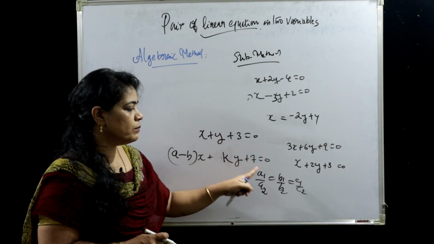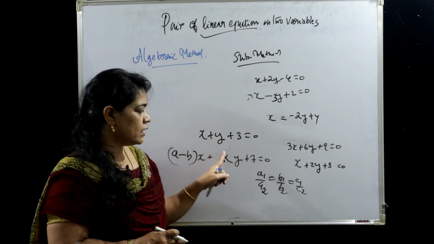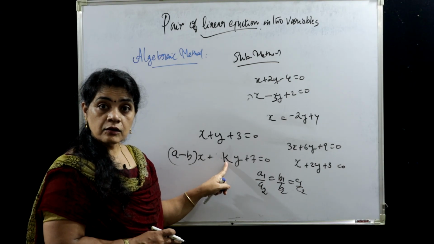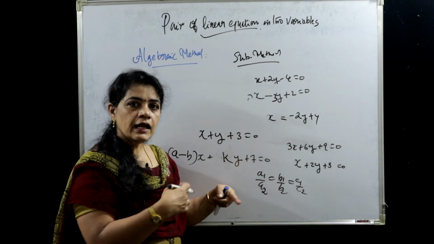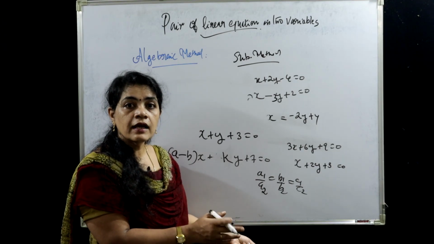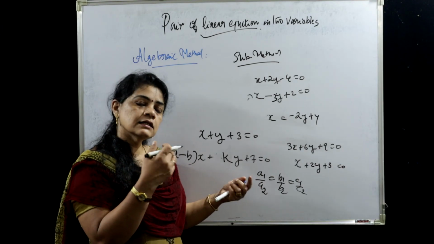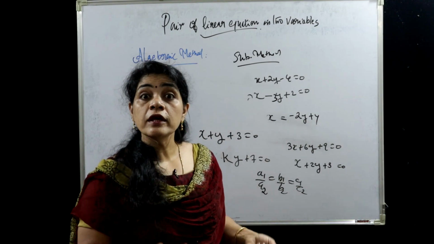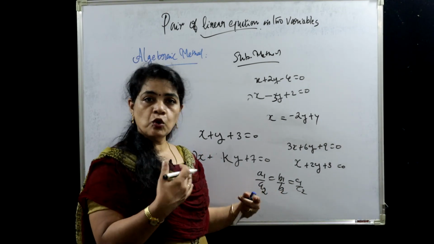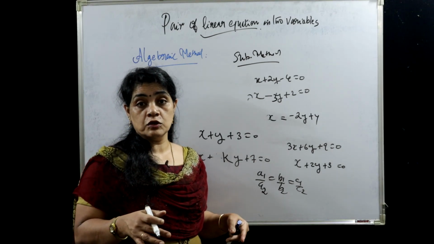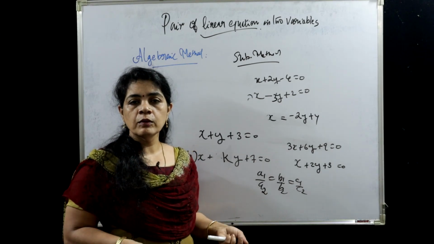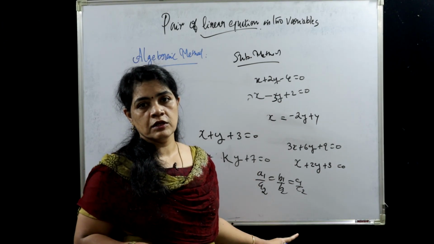The coefficient b1 of y is 1, and here it is k, and c1 by c2 is 3 by 7, and you can easily get the variable k. Understood? And sometimes the condition may change: for a unique solution, a1 by a2 is not equal to b1 by b2, and for parallel lines, that is no solution, a1 by a2 is equal to b1 by b2 is not equal to c1 by c2.